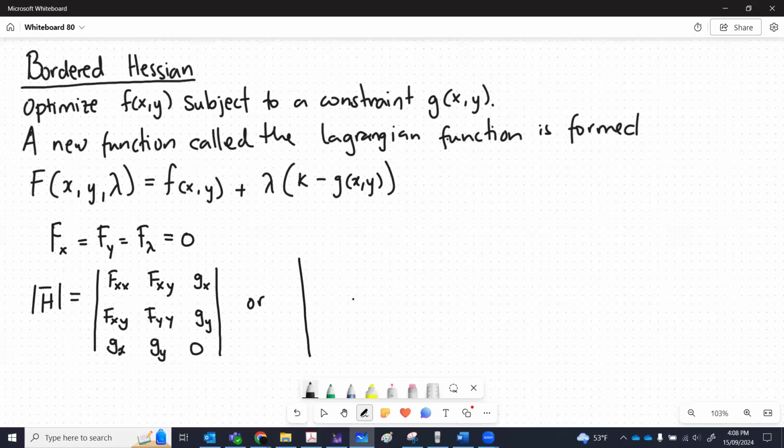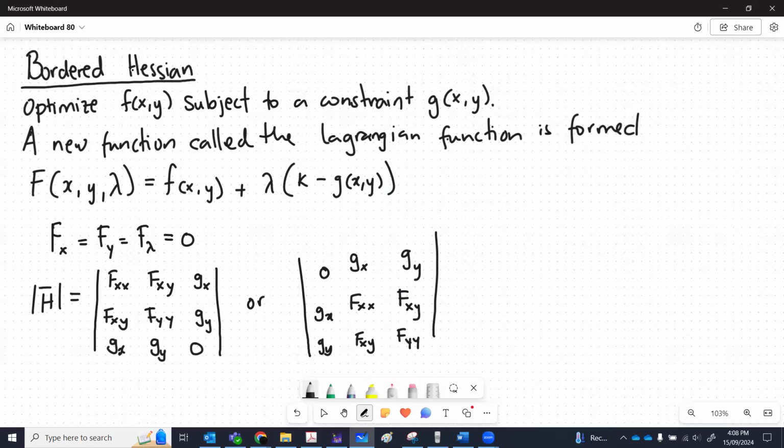So here we will have our f xx, f xy, f xy, f yy, and then we are going to border it on top. Most of the time we'll just use this one, but even if you use that one, you're going to get exactly the same thing. So when we border it, here we will have gx, gy, gx, gy, and then here on the major diagonal is where the 0 must be.